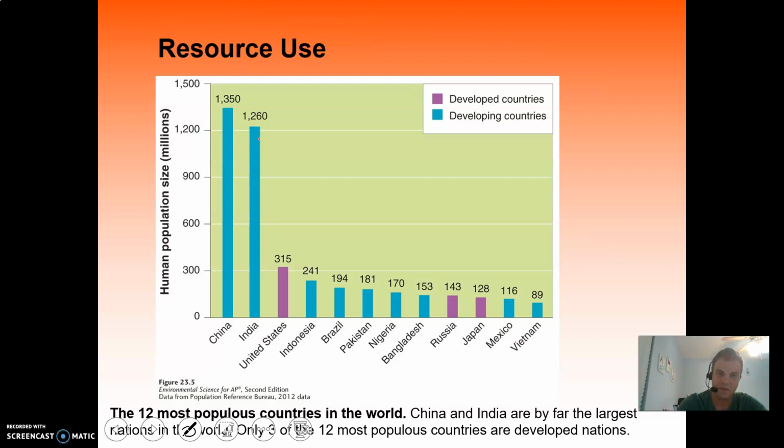You can see the resource use in developed and developing countries. We are the highest MEDC in terms of overall resource use, okay? I mean, not resource use, this is population. I'm sorry. So you can see the population. We are the 3rd most populous country in the world. And they still count China as a developing or LEDC here.